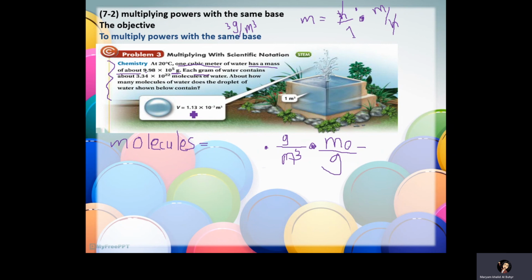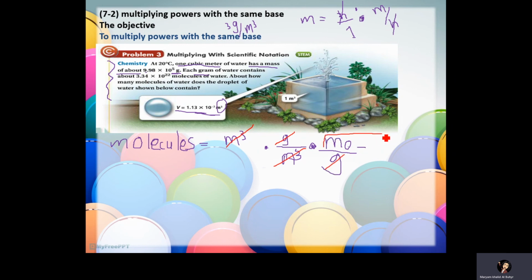The remaining number that I have is the quantity for this number, meter cube. Now I can use exactly the same way as I did here. So I'm going to simplify this one. That will be m to the power 3 over m to the power 3, and I can cancel this out and this out.